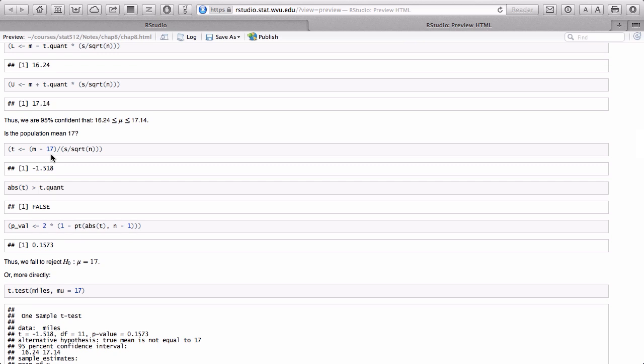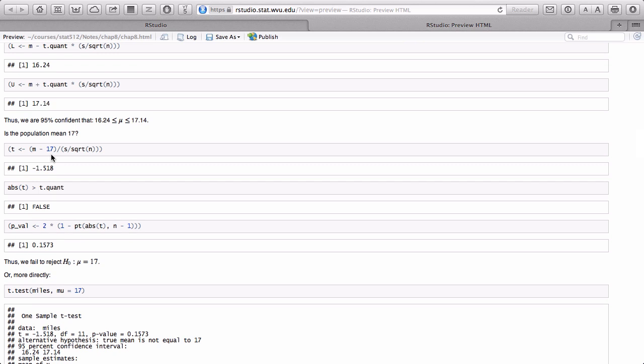Since it's a two-sided test, I have to say as extreme in either direction. So I'm going to take the absolute value of t and get the probability that I'm less than or equal to it. I'm going to subtract that from 1, which gives me the upper tail, and then I double it.